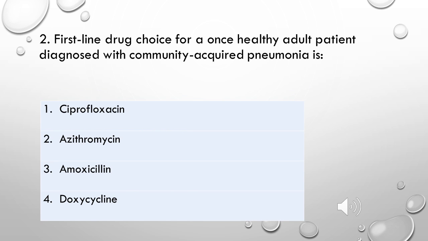First-line drug choice for a once healthy adult patient diagnosed with community-acquired pneumonia is, answer should be number 2, azithromycin. This is a macrolide. Okay. Initial empirical therapy for the previously healthy outpatient with no cardiopulmonary disease, no antibiotics used in the past 3 months.